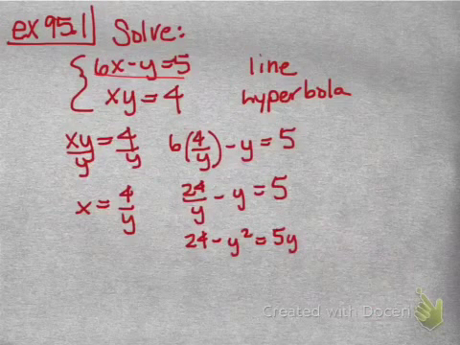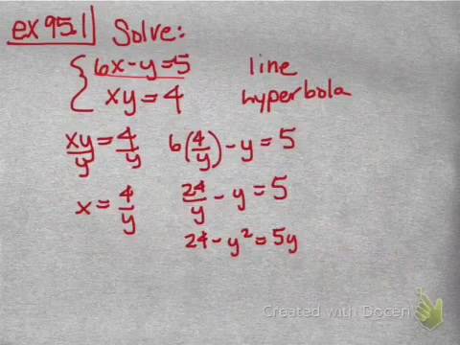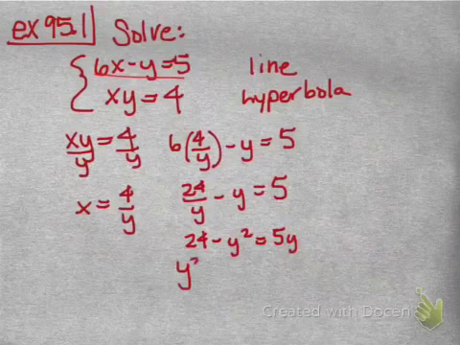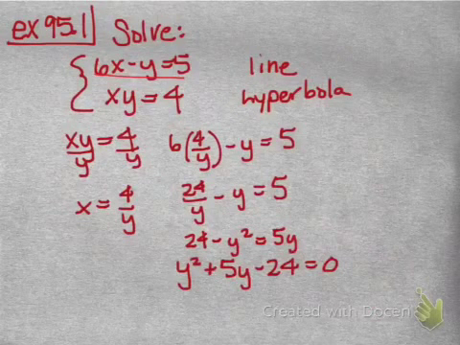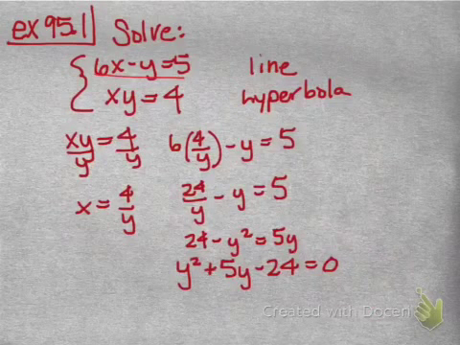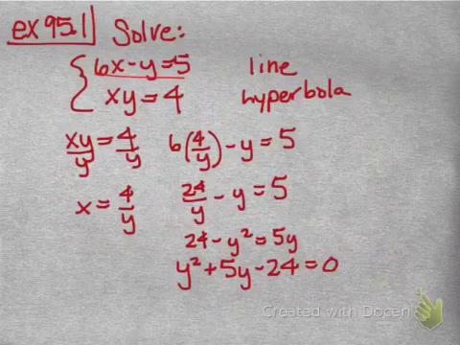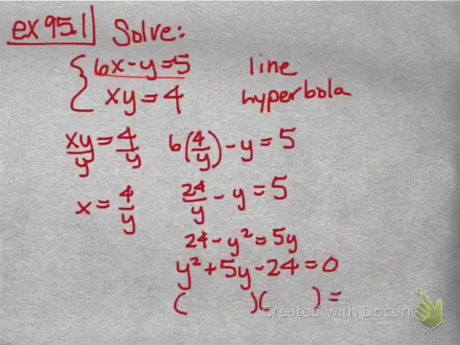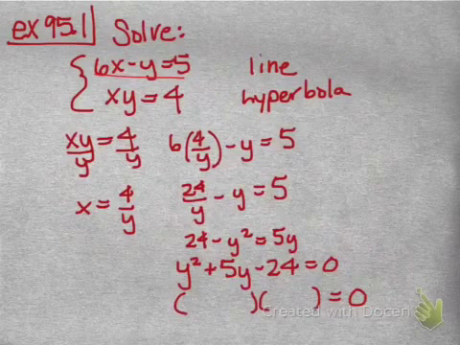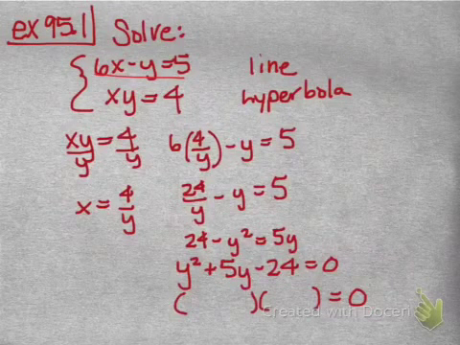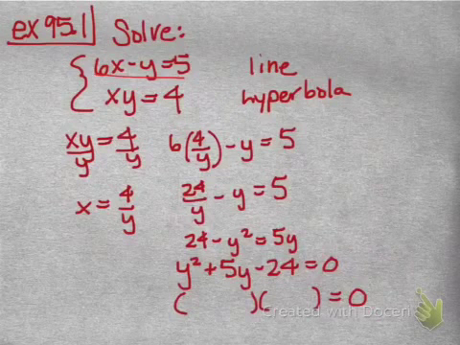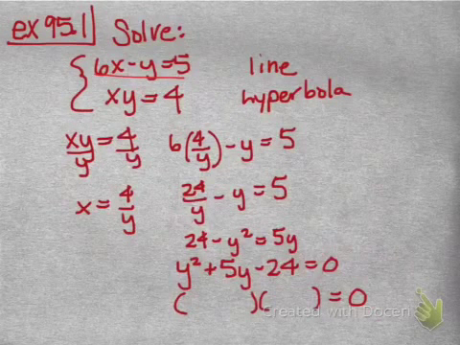Multiply everything by y, and you get 24 minus y squared equals 5y. If we move everything over to the right side, we get y squared plus 5y minus 24 equals 0. So we can factor this. We can figure out what multiplied by what is going to give you negative 24, and then add to give us 5.